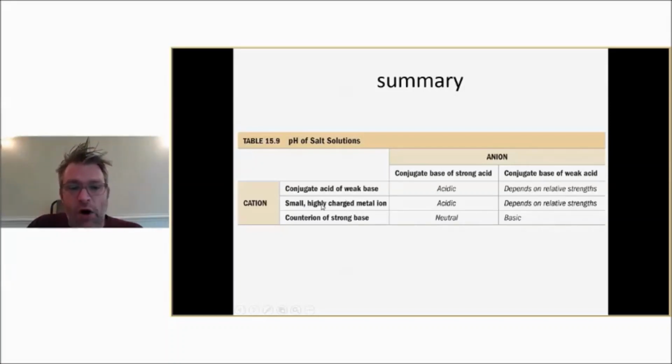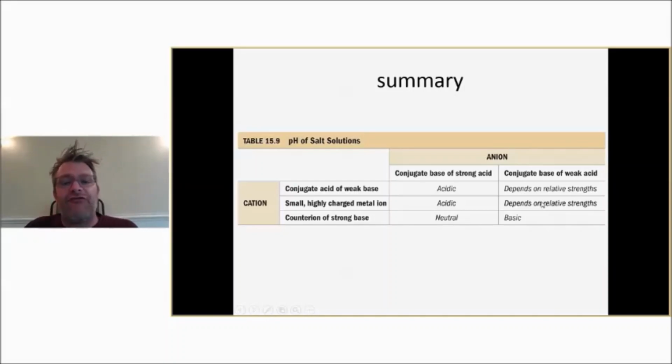If we have a small, highly charged metal ion, we have just learned that those tend to be acidic. So if we couple that with the conjugate base of a strong acid, which is neutral, we have neutral plus acidic is acidic. If we have the conjugate base of a weak acid, we have acidic plus basic, and we've got to think about the relative strengths of each thing.